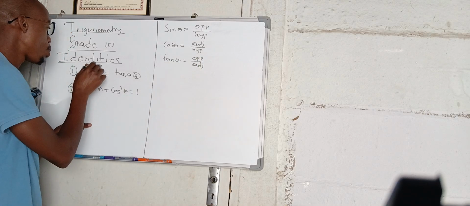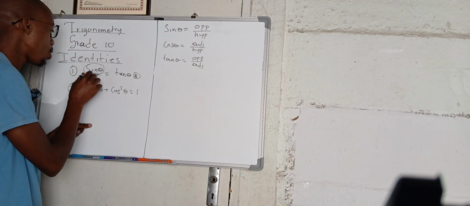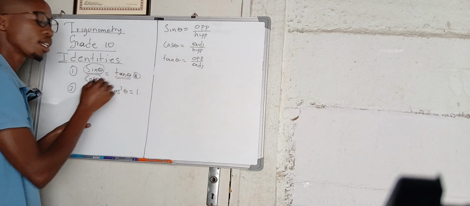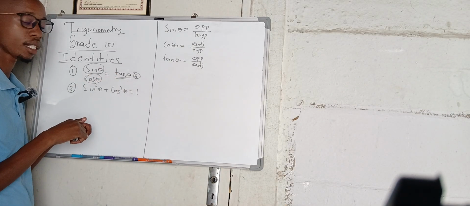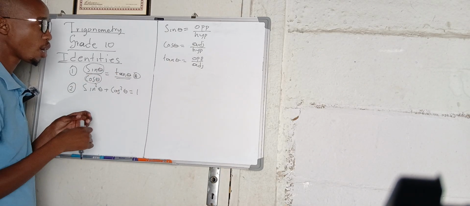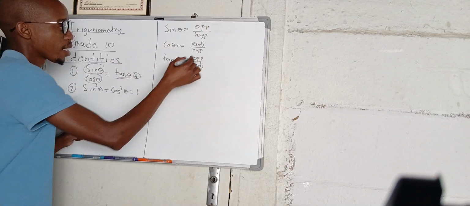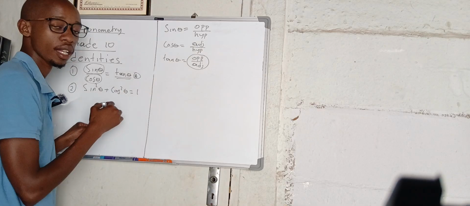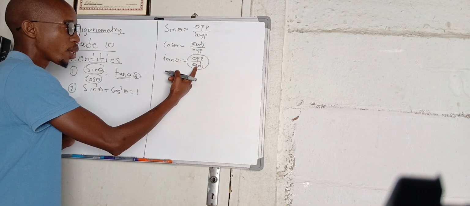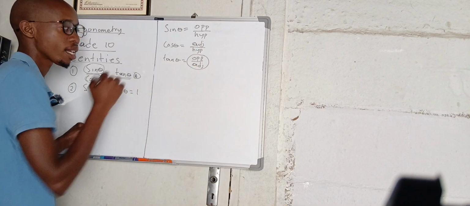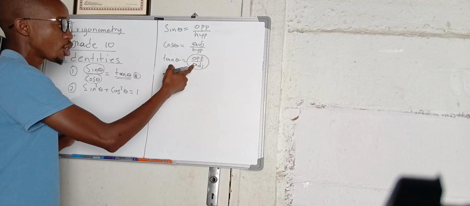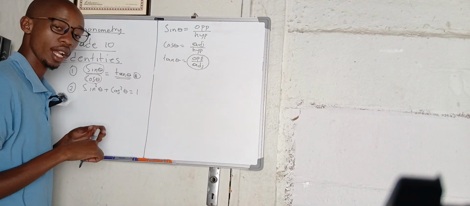So we want to prove that when I divide sine by cos, I will end up having this particular thing called tan theta. How are we going to do that? We are going to take these two things and divide them such that we can get this particular thing. And if we get this, we know this ratio represents tan theta.